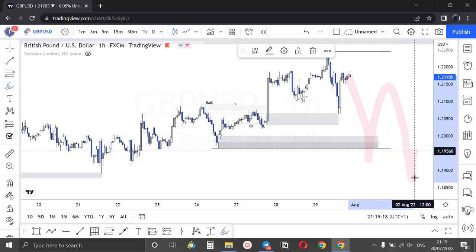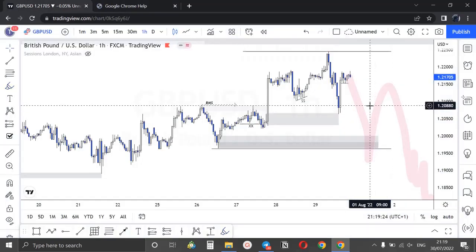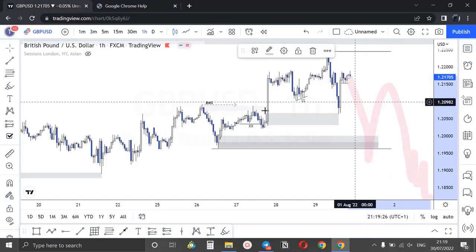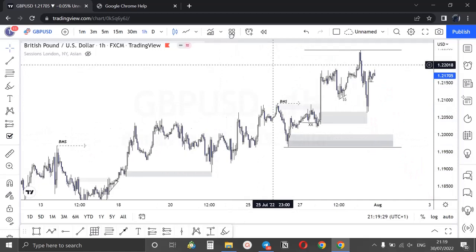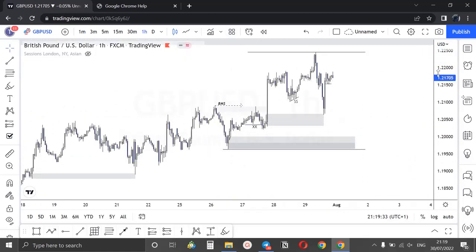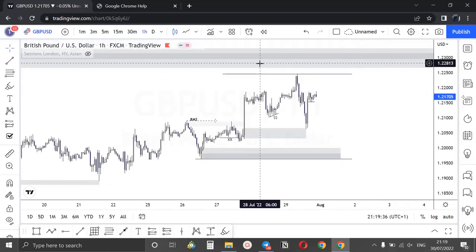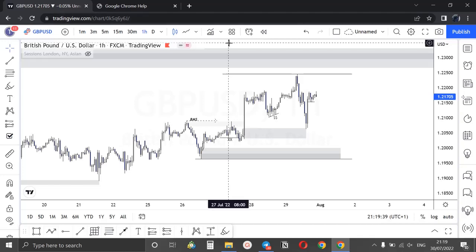Then boom, the market should be trading downward, because they have taken out the very strong demand zone that I'm not really looking forward to seeing price take out. So let's look at the EURUSD.